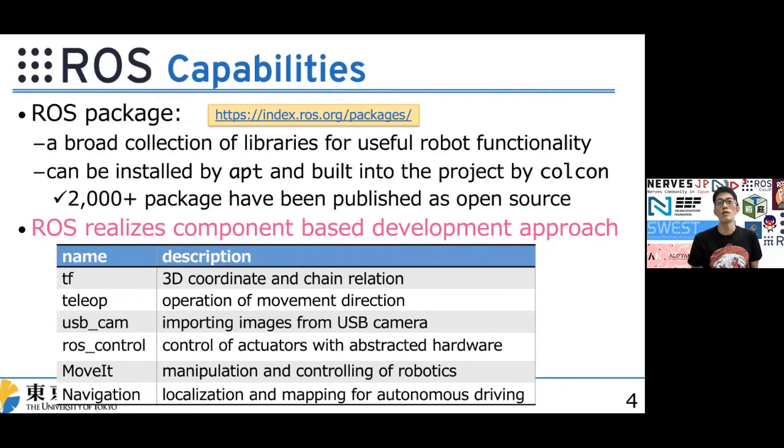ROS packages can be installed by apt-get, and they can be built into your project by Colcon. Colcon is a project management tool based on CMake. They can enhance the reusability of existing design resources. We can realize a component-based approach for robot system development.